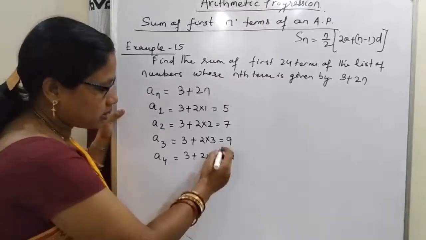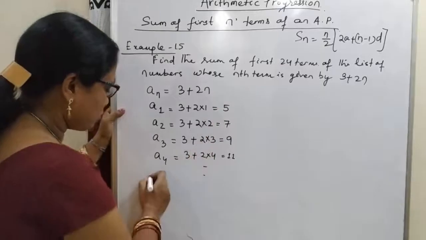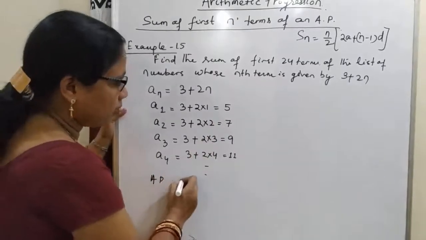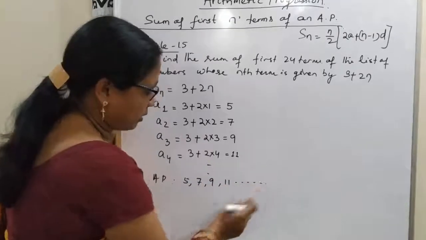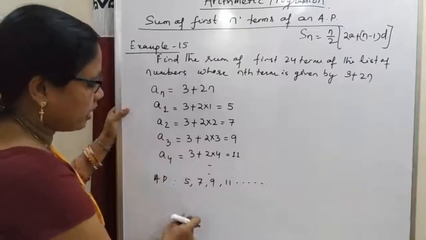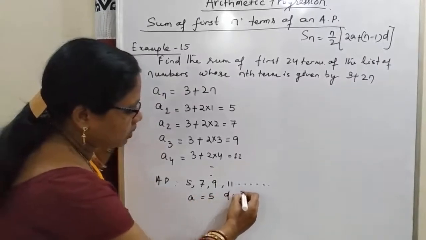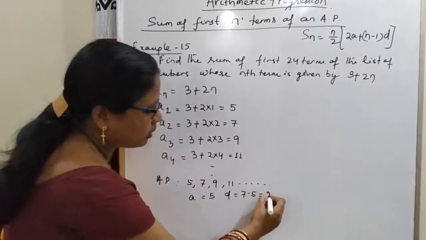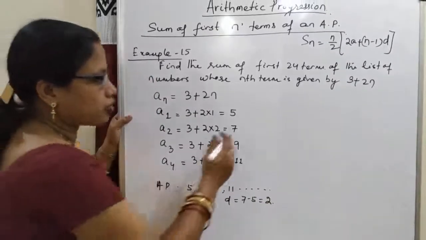So like this we can find. So here we got the AP. So the AP is 5, 7, 9, 11 like this. So here from this AP, A is equal to 5 and D is equal to 7 minus 5, that is equal to 2. So the question is to find S24.